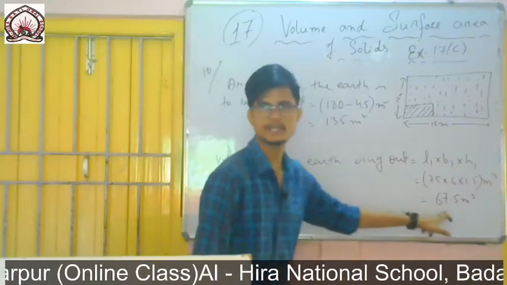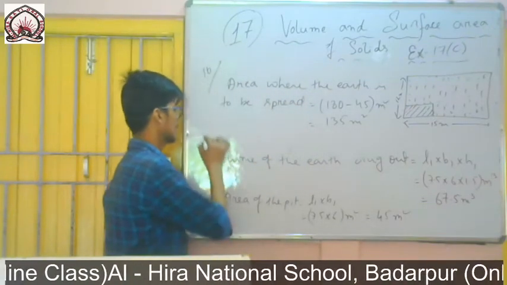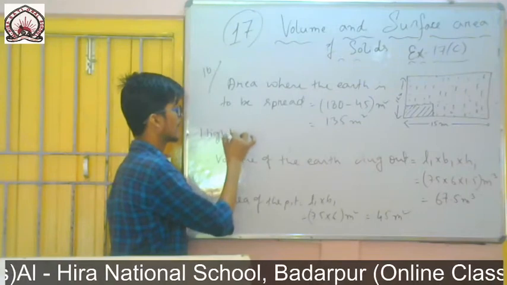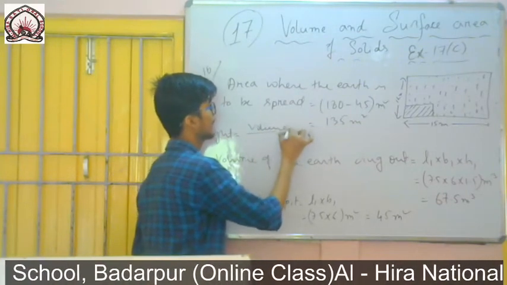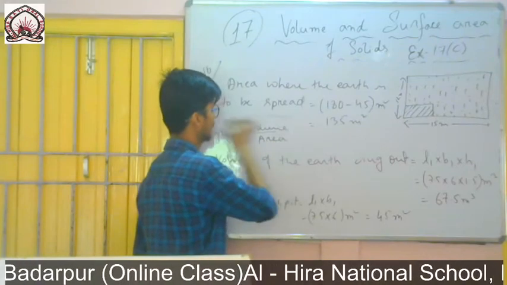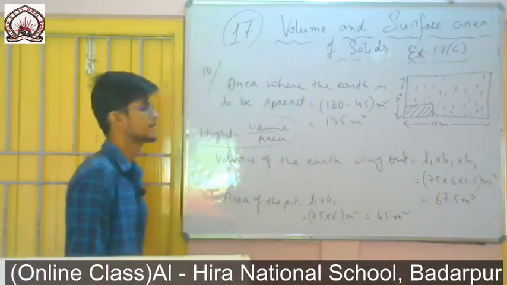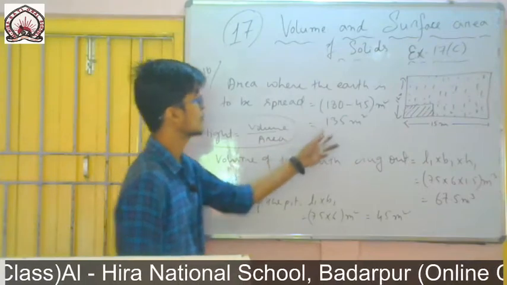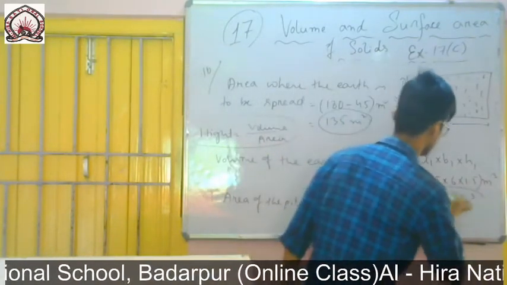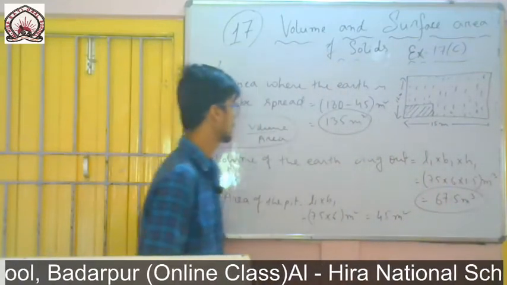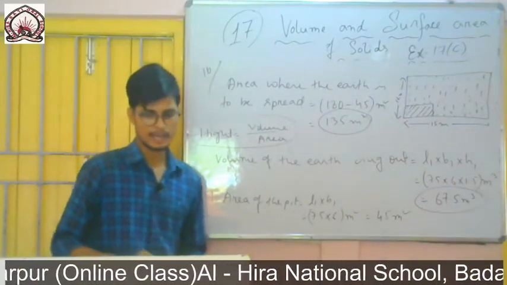Area we have got, it is 135 meter square. Volume also we got, it is 67.5 meter cube. So we know the formula to find the height: height equals volume by area.